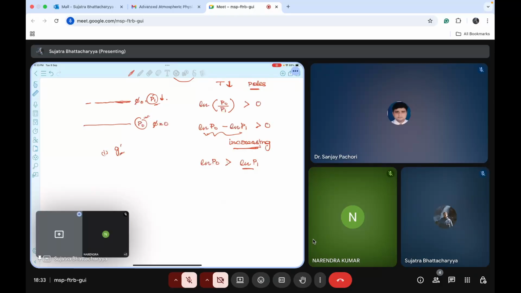Number two is that if you look at the surface pressure at the poles, it is also very high. High pressure means the mass of the atmosphere above the surface is very large.